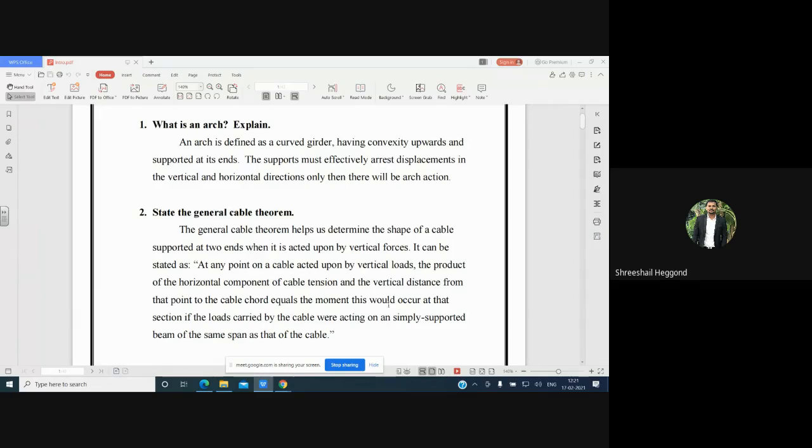If horizontal as well as vertical settlement or displacement of supports is there, the arch may fail. Because of that, it has convexity upward.